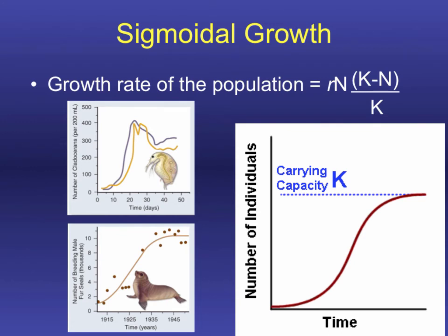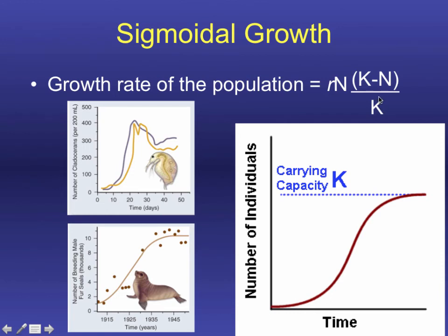All right, so now we're going to factor in our carrying capacity. So if we take our exponential growth rate, our intrinsic growth rate times our population size, and then we're going to take into account this factor over here. We're going to take our population carrying capacity minus population size, and we're going to divide by carrying capacity.